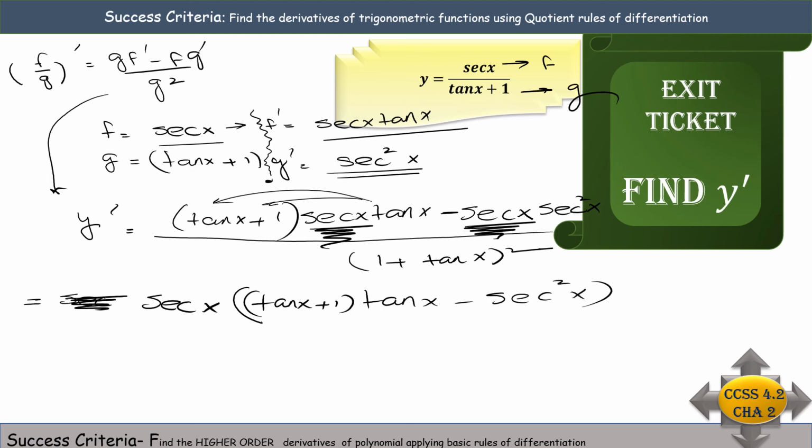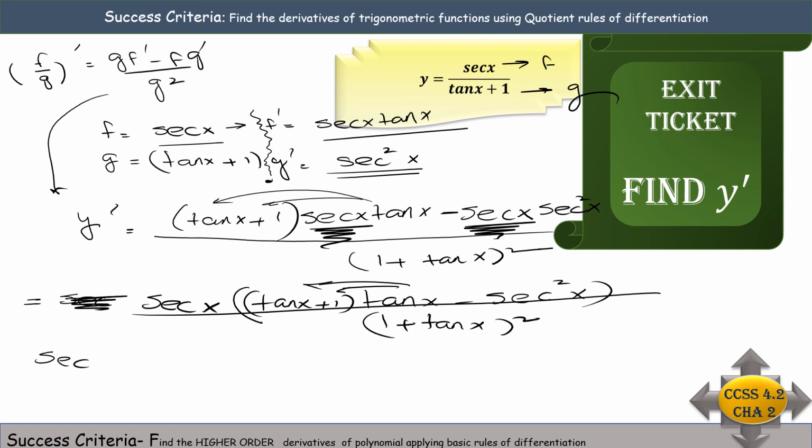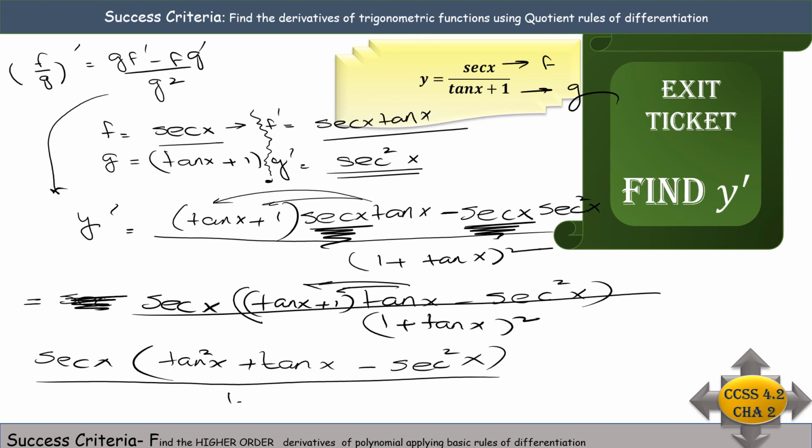Now open the bracket. If you first open the bracket and then take the common, that is also up to you. So sec x is the common thing. Now 10x times 10x gives me 10 square x plus 10x times 1 gives me 10x minus sec square x divided by 1 plus 10x whole square.